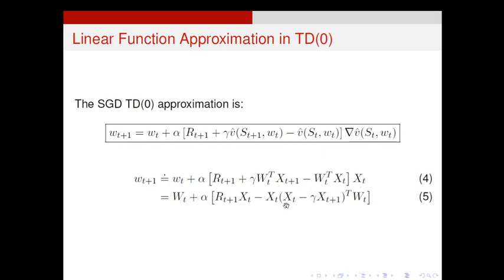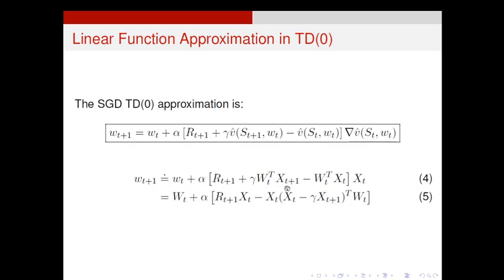So I take minus Xt outside, so this term becomes negative and this term becomes positive. So Wt transpose Xt minus gamma into Wt transpose Xt plus 1.